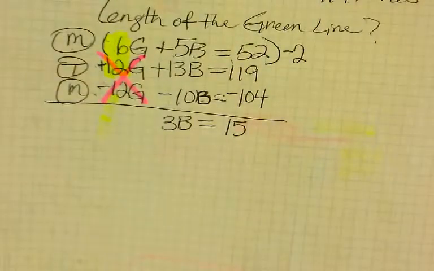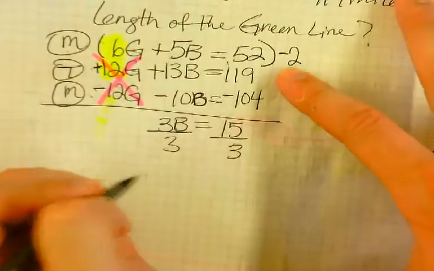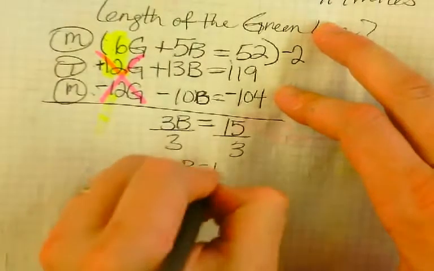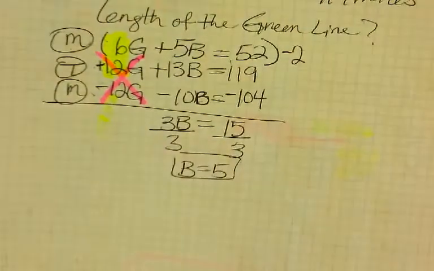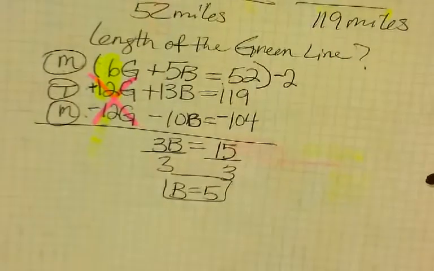Okay, I can do that. I can divide. Well, my calculator can. So, perfect. So B is 5. Oh man, we found the length of the blue line. The question was the green line. Darn it. All right, so how do I find the green now that I know what the blue line is?